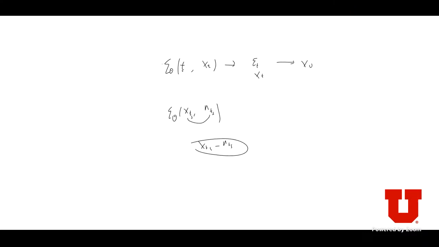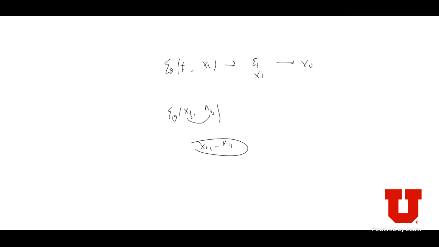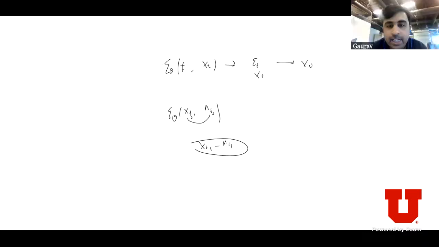Now, how do they get the NTS? NTS comes from the difference between the noise at TB and TS. Basically, first we predict N, which is X naught hat B. I'm sorry for the drawing.